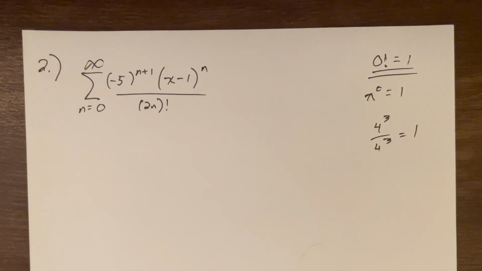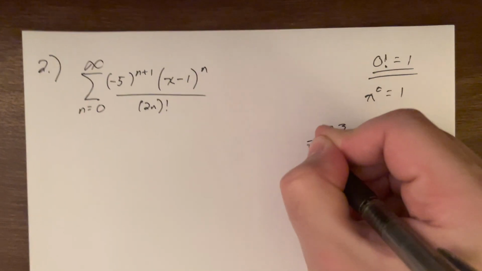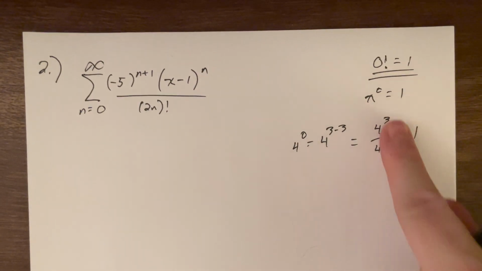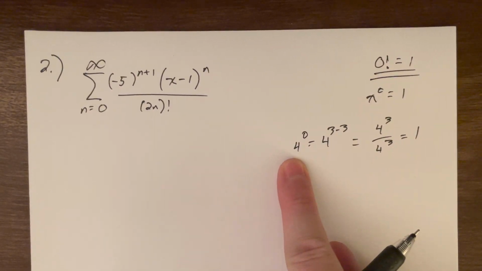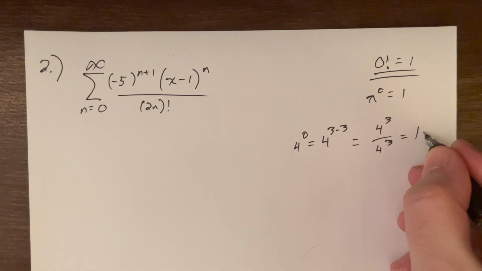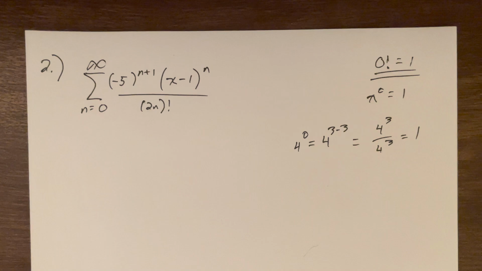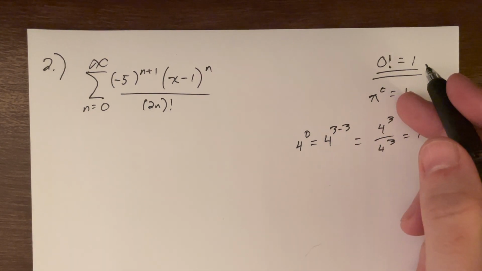Well, we know if we cancel, that should equal 1. But if we use our properties of exponents, we should subtract the exponents to get 4 to the 0 power. Therefore, by default, 4 to the 0 power has to equal 1. So that subtracting exponent rule works the way it should for all the other cases. So again, just a quick little aside.